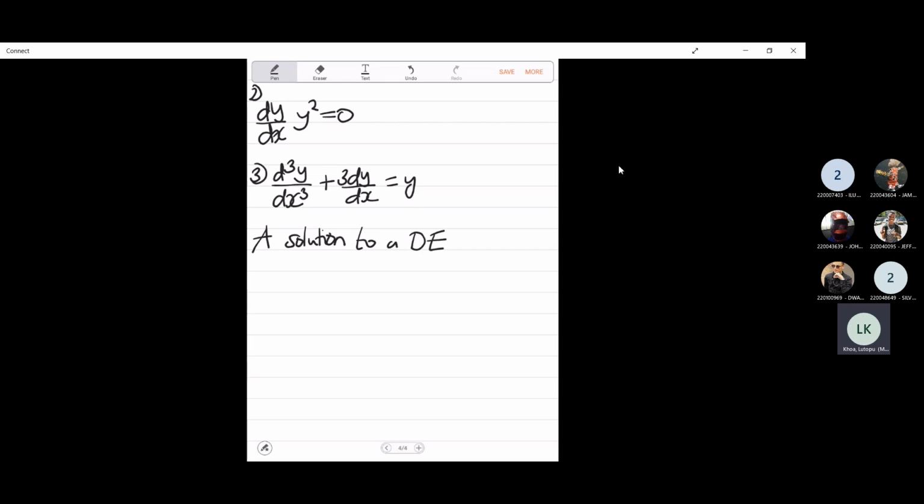So when you see DE, that's short for differential equation, is a function y is equal to f of x, which satisfies the given equation.